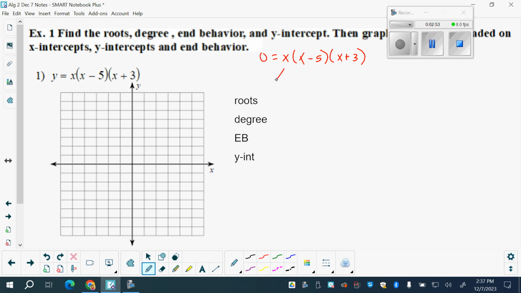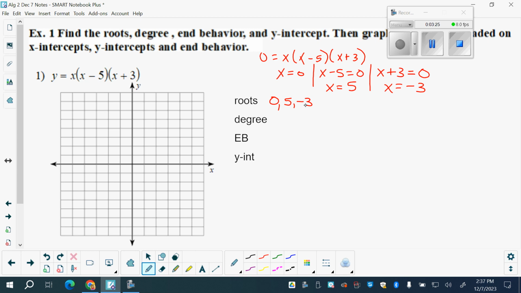We're going to set x equal to 0, x minus 5 equal to 0, and x plus 3 equal to 0. So this one's solved for us. This one gives us x equals 5. And this would be x equals negative 3. So my roots are 0, 5, and negative 3.